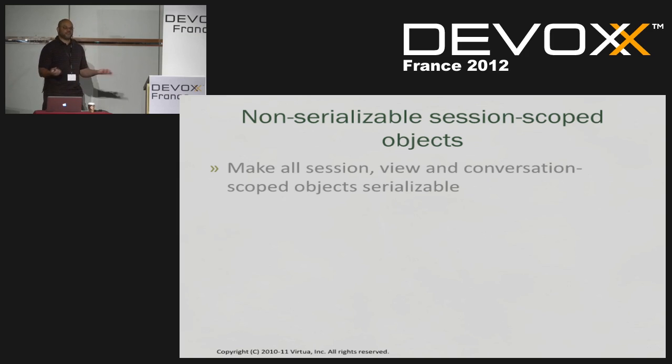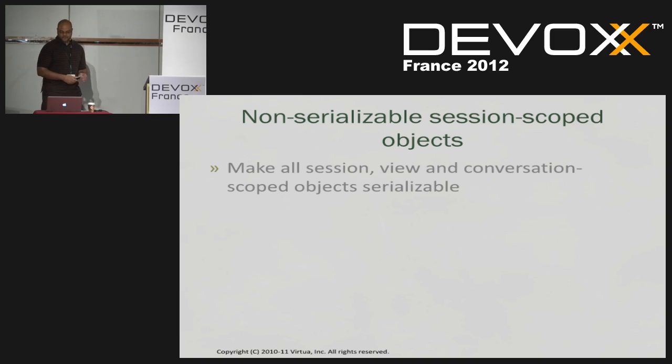View scoped is just basically a specialized way to use a session. Same thing with conversation scope, okay? And that means that session scoped objects in general have to be serialized. So if it's in view scope or conversation scope, it's going to have to be serialized as well.